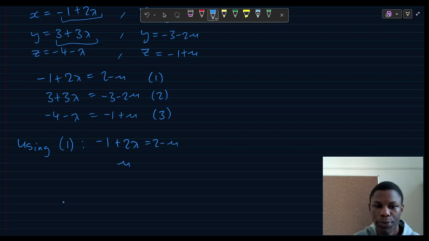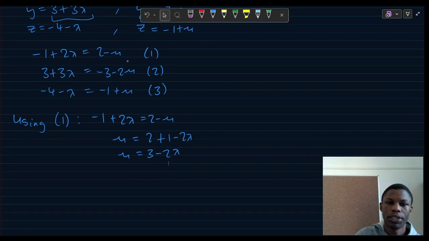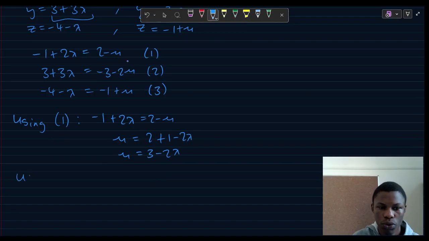So I'm going to say mu is equal to, move the negative mu that side and everything moves to the right. It becomes +1 minus 2 lambda. So mu is equal to 3 minus 2 lambda. And now I can substitute that into equation 2 and evaluate what lambda is.